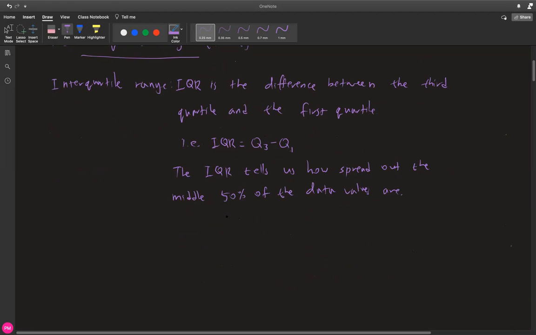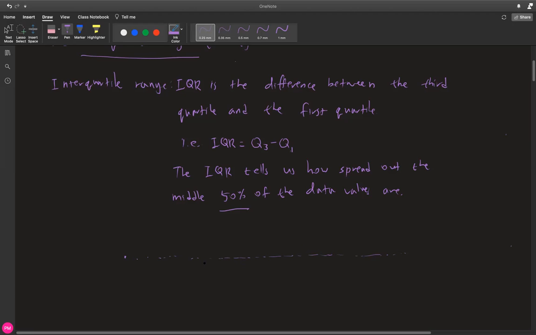So before we go over, why is it the middle 50%? So if you have data, let's say these are the data points. This is a weird representation of data points, but let's say each point here is a data point.